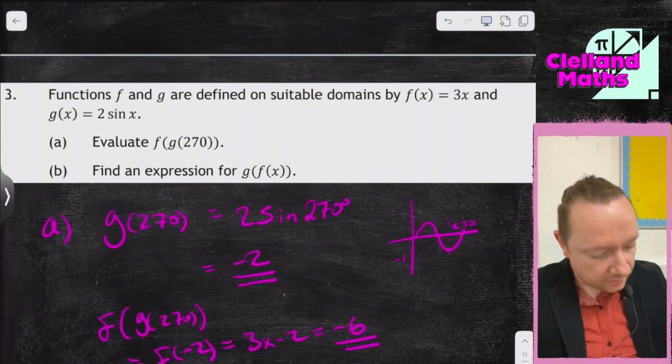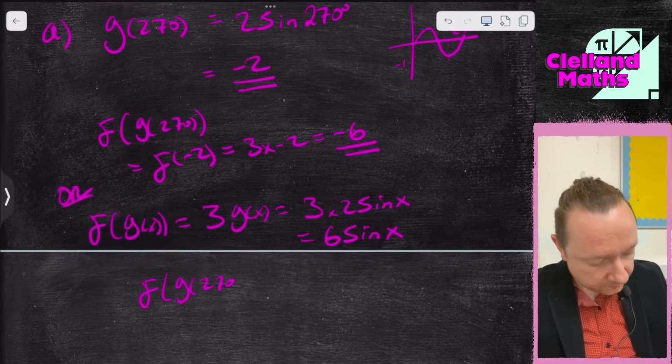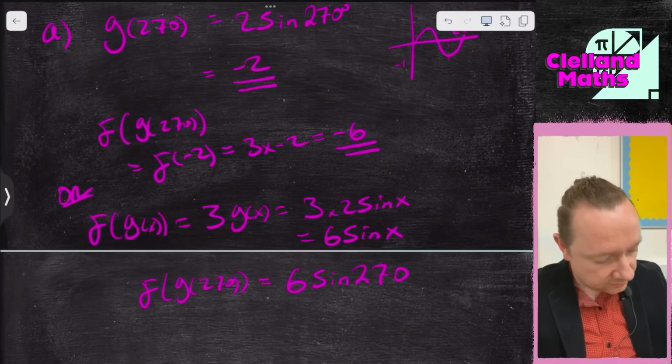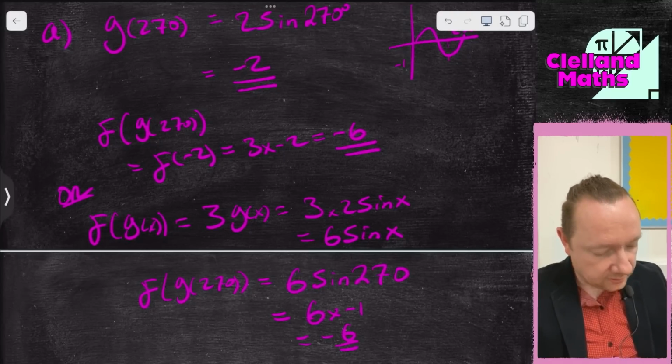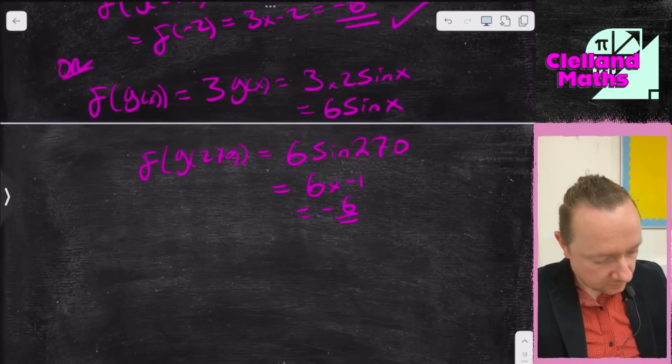And then you sub in 270. So f of g of 270 would just be 6 sine 270, which brings me back to the same. That's 6 times -1, -6. You get the same answer of -6. And we're done there.